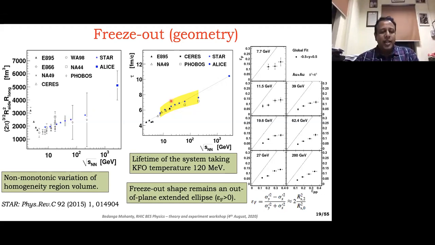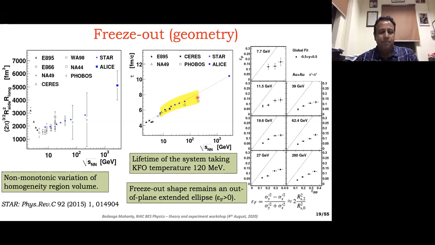One can also extract the lifetime of the system through the radii measurements. This is shown in this figure where an input is the kinetic freeze-out temperature, which is taken to be about 120 MeV. We find that the lifetime varies somewhere between 5 fm/c to around 8 fm/c.